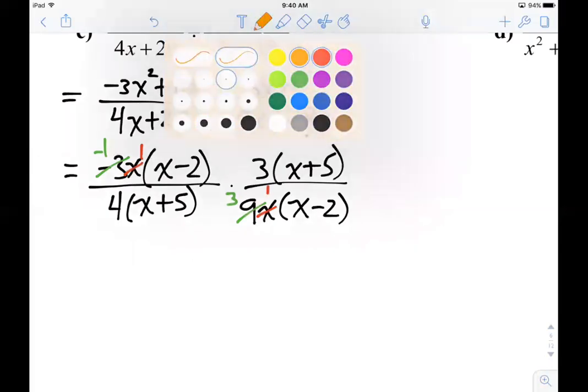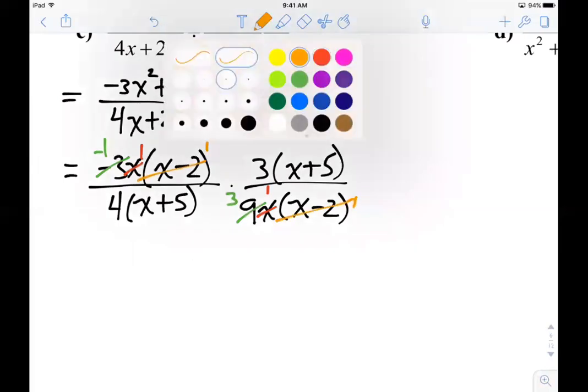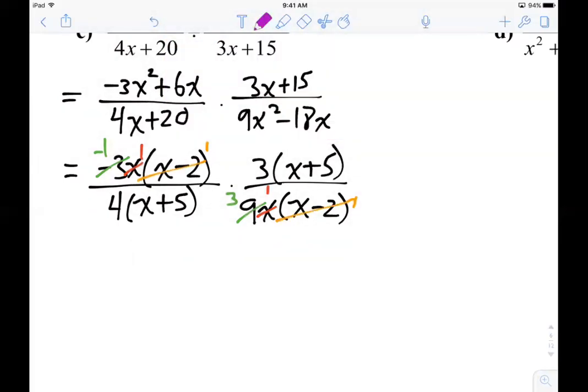I can keep going. I can divide this x minus 2 by that exact bracket to leave a 1, and I'll divide the bottom by x minus 2 to leave a 1 there as well. And hey, I can keep going even further, running out of colors here. x plus 5 can be divided on top as long as I divide the bottom by x plus 5 as well. So there are more common factors that can be reduced on the top and bottom.